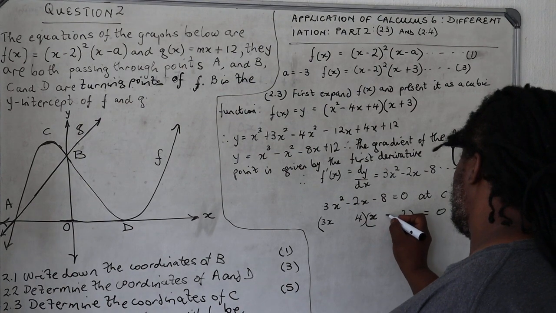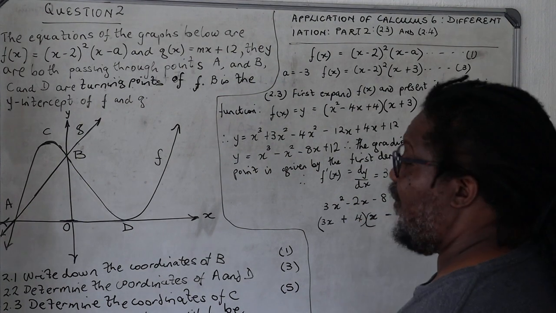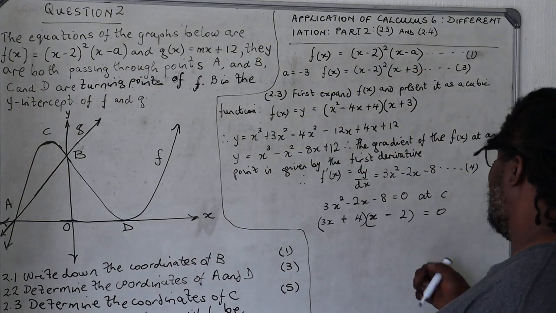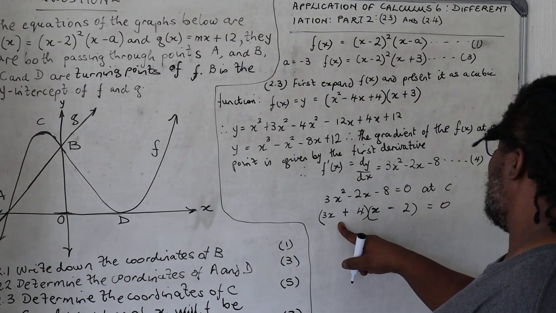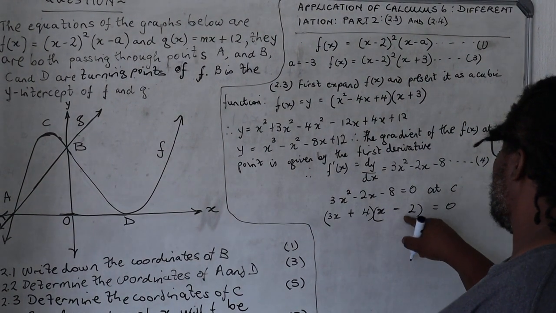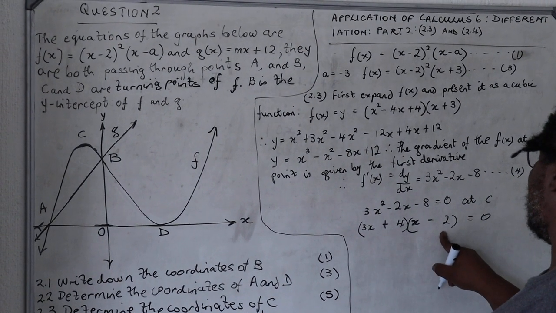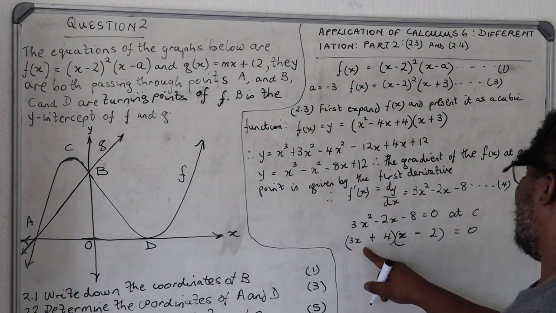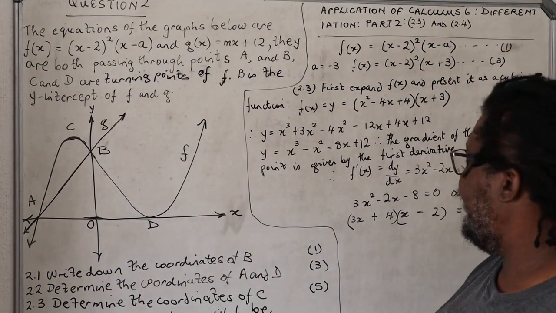So this one would be a minus and this one would be a plus. And this is how we work out the factorization quickly. That way you make sure that 4 times minus 2 gives you minus 8, 4x plus minus 6x gives you minus 2x, and 3x times x gives you 3x squared. And our factorization is done.